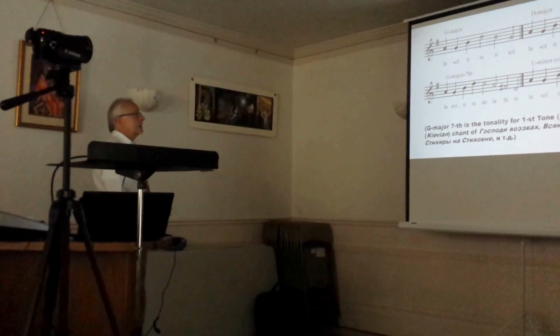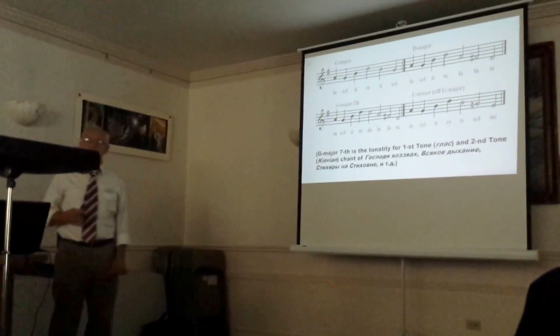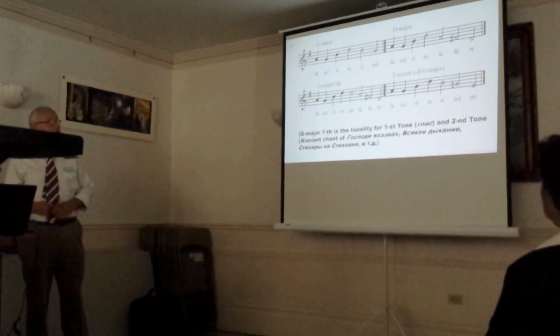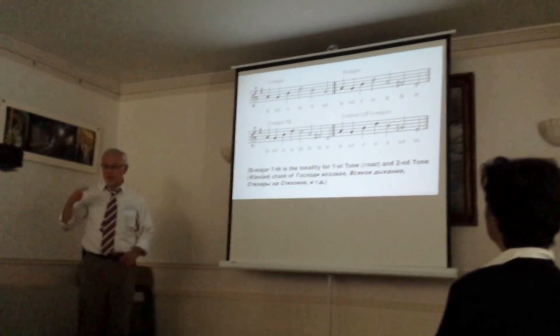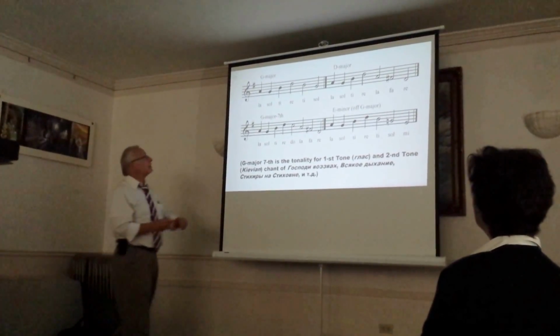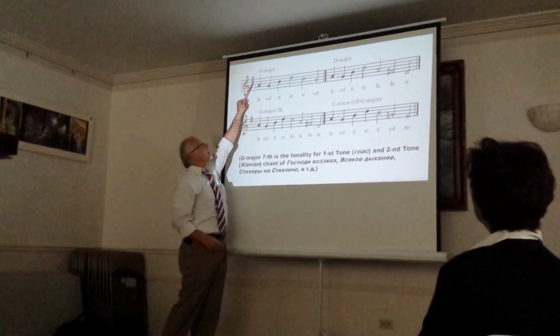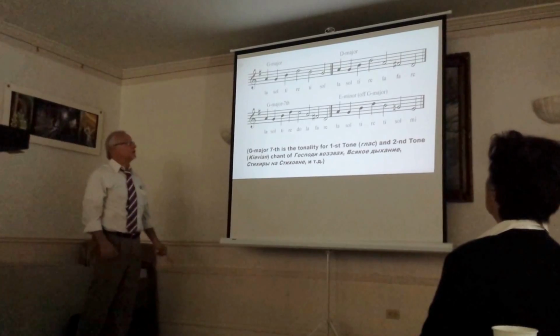Other intervals. Much of our music that we sing in church is written in G major. If you look at our church books after this lecture, a lot of times you'll find this is written with one sharp in the key signature.